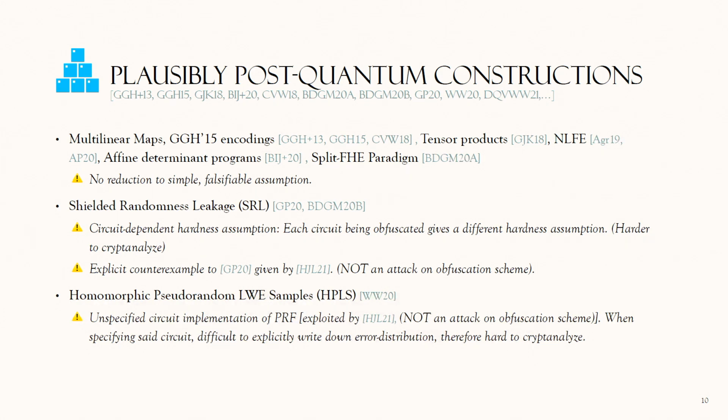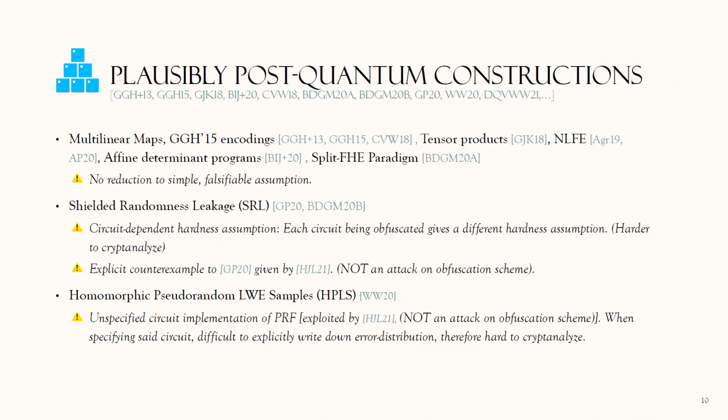There have been works from multilinear maps, tensor products, noisy linear functional encryption, affine determinant programs, and the split FHE paradigm. And in many of these works, the problem is that there's no reduction to simple falsifiable assumptions. And there are these 2 works later that instantiated the split FHE paradigm. One was by Gay and Pass in 2020, and a follow-up by the same authors, which was this shielded randomness leakage assumption.